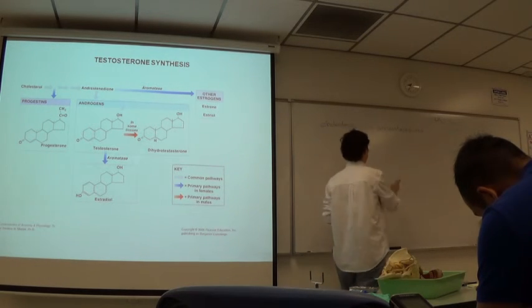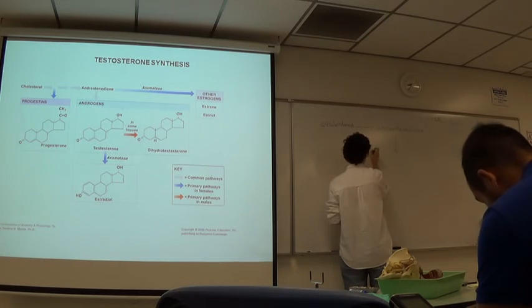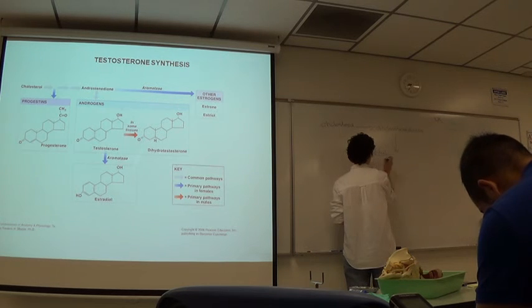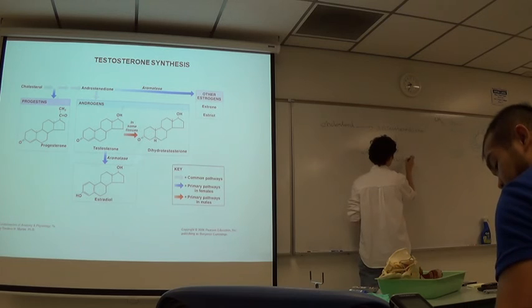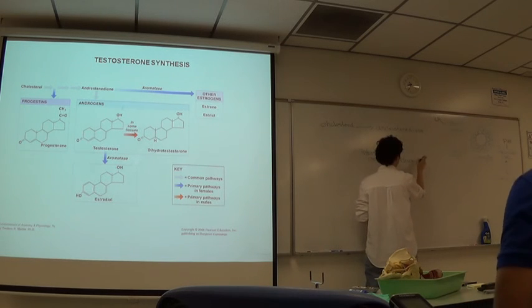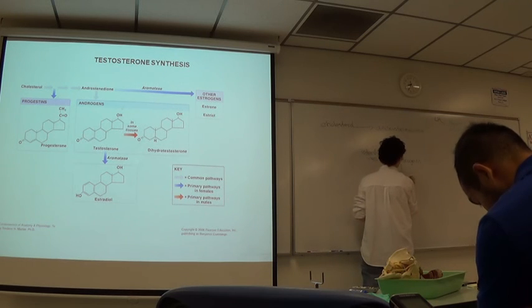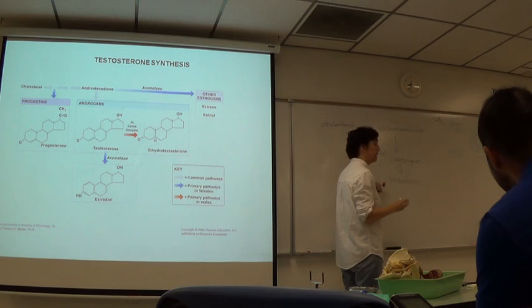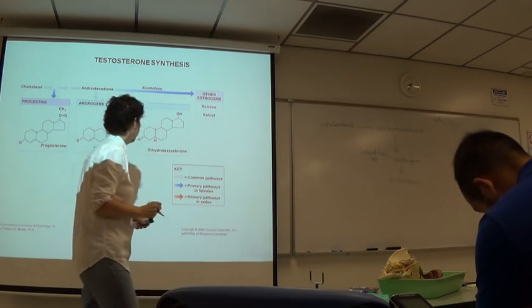So in the interstitial cell now, this androstenedione is converted to various androgens, which are converted to testosterone. That's why we have that similar appearance, the four-ring structure of cholesterol.